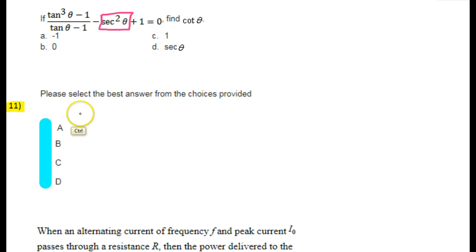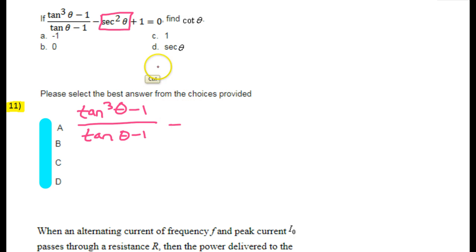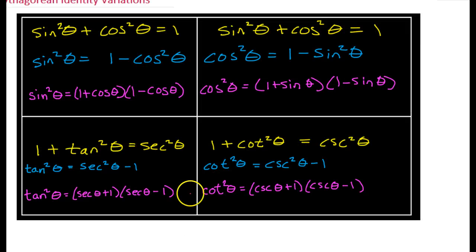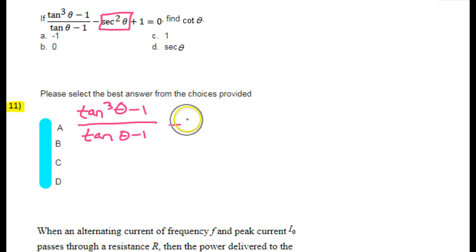Alright, so this equation is going to become tangent to the third power minus 1 over tangent theta minus 1 minus, now I'm going to have to put this in parentheses because I have a binomial coming. And so when I have a minus sign, this minus sign has to apply to the whole binomial. 1 plus tangent squared theta.